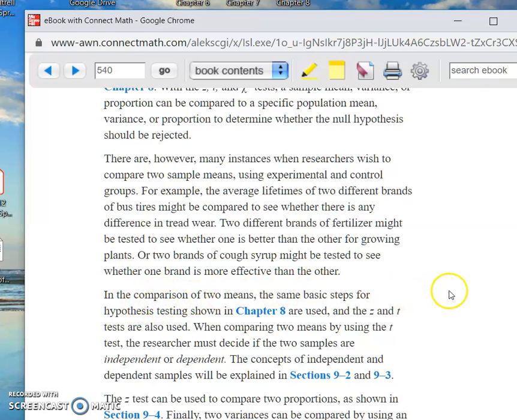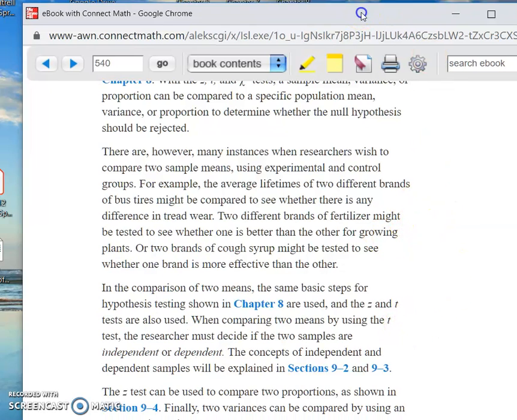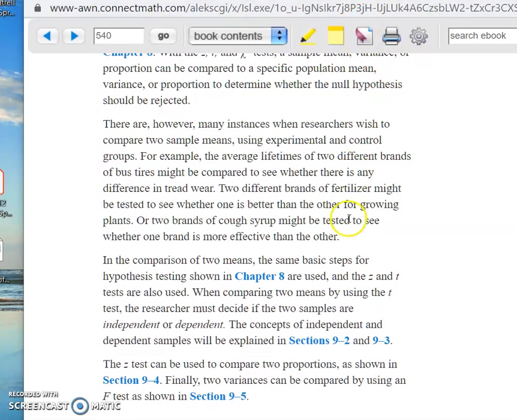The comparison of two means, the same basic steps are done as before. You have the z-test and the t-test. However, in the t-test, there are two different scenarios. You can use the t-test if the samples are independent, but you can also use the t-test if the samples are dependent.